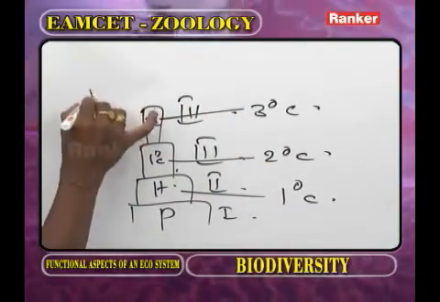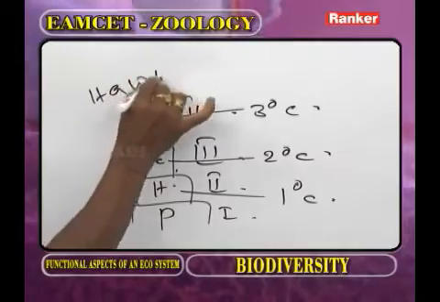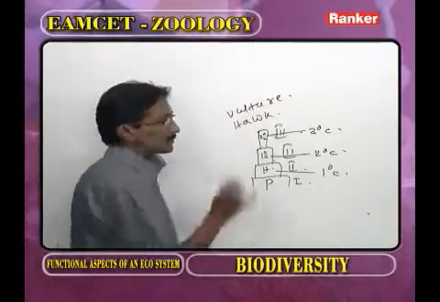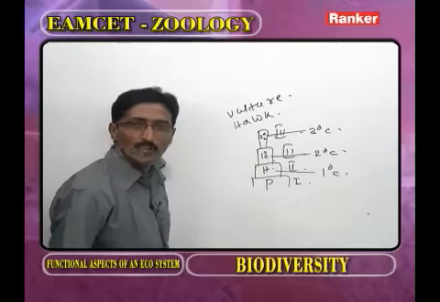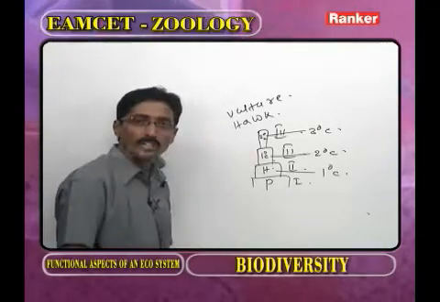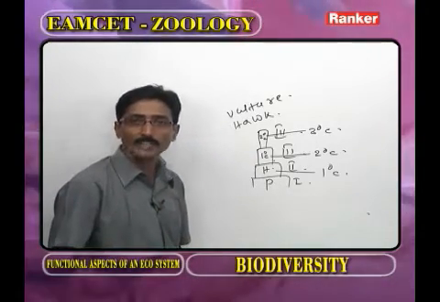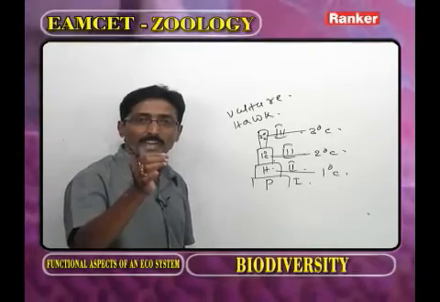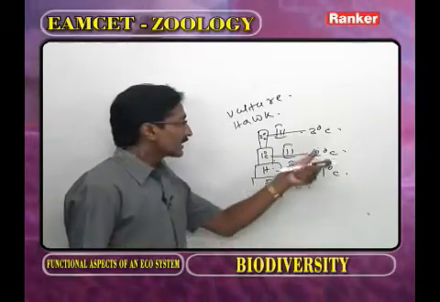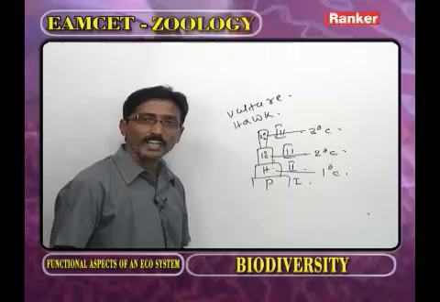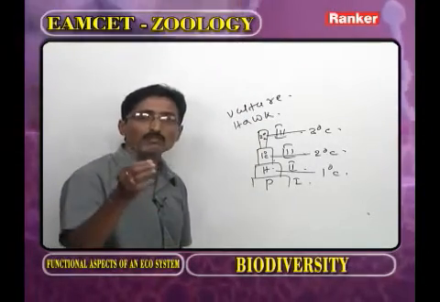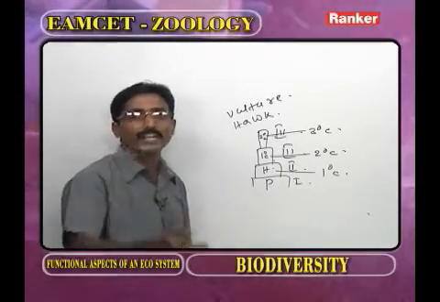Here, one example is the hawk or the vulture. The tertiary consumer or secondary carnivore is not eaten by any animal. That is called the climax carnivore. What type of animal can eat the tertiary consumer? After the death of the tertiary consumer, its body is eaten by the decomposers.